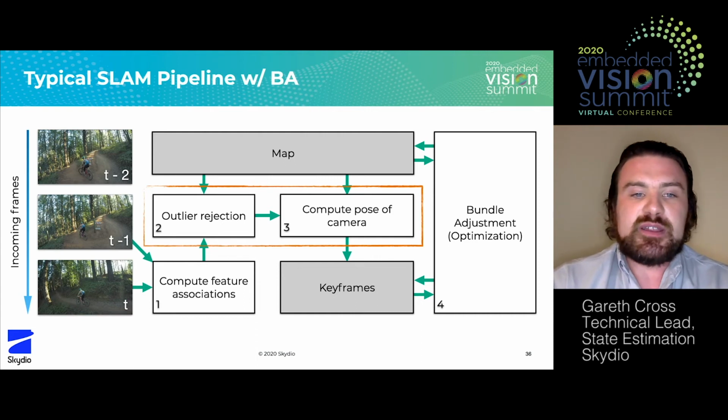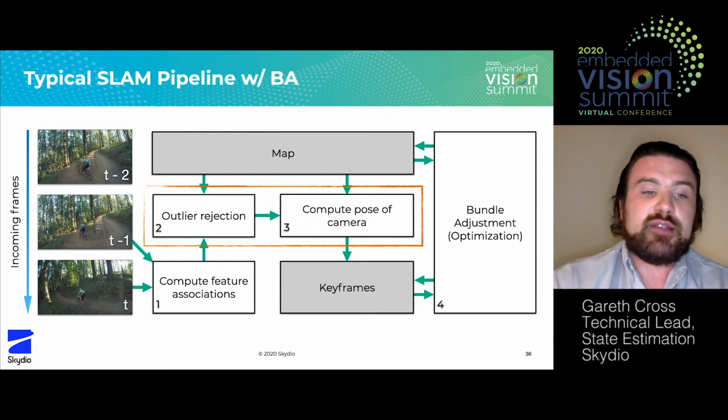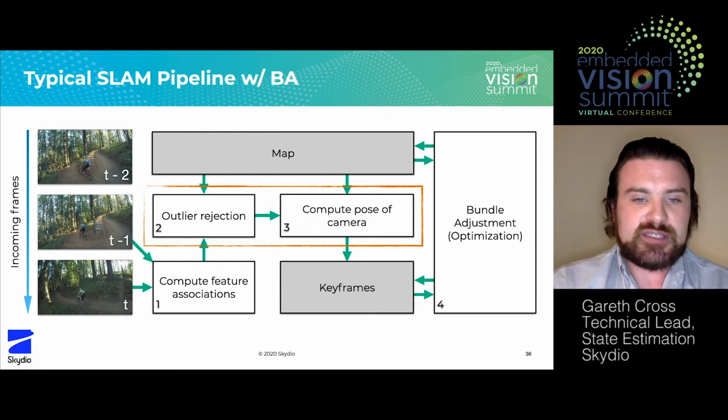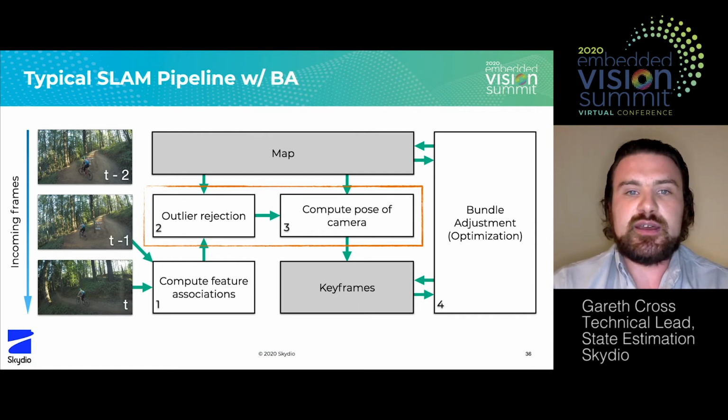Bundle adjustment is optimizing over many, many parameters, many camera poses, many points, all simultaneously. So if you were to attempt to wrap it in a RANSAC, you would find that the number of minimal points you have to sample is quite high, and so it wouldn't scale very well. So usually the outlier rejection step is done as a pre-processing step prior to the optimization in the SLAM system.